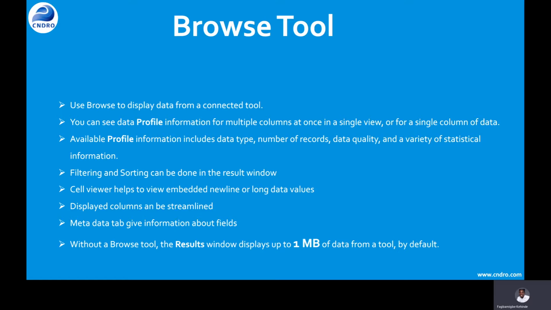It comes in handy, and you can use it to check for an overview of individual fields in your data set. We're going to be looking at how to use the browse tool, and then I'll be coming back to share more light on these bullet points.